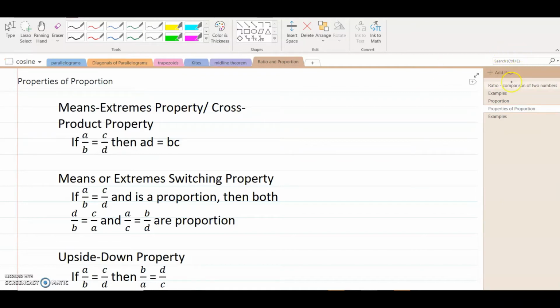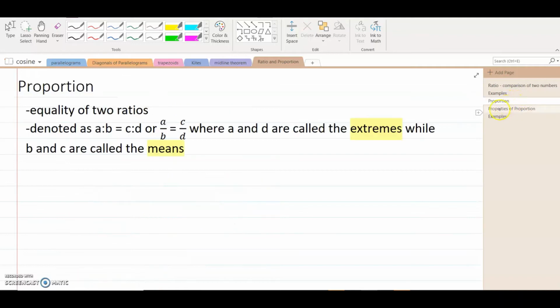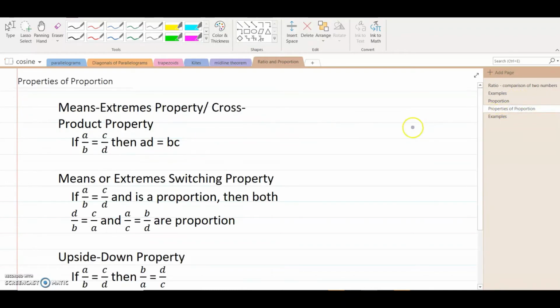If we recall the proportion, A and D are called the extremes, B and C are called the means. If we cross multiply A and D and B and C, the result is AD equals BC.